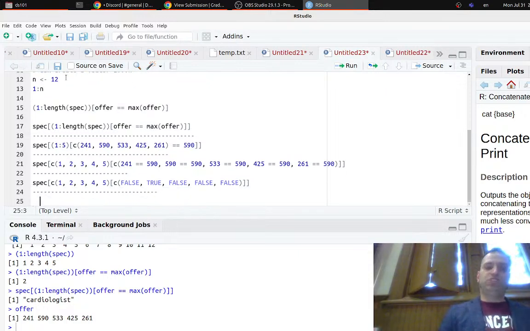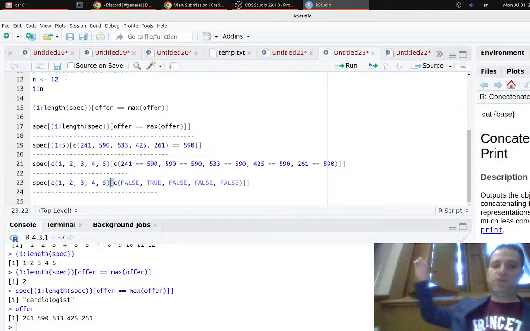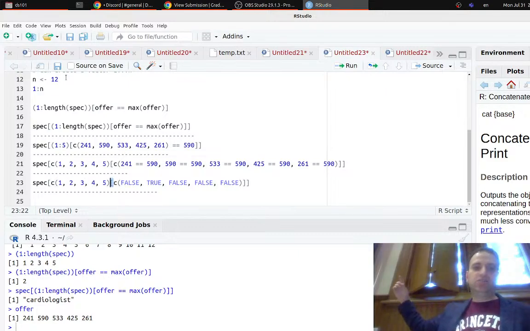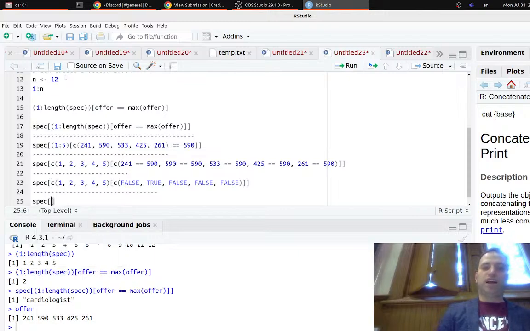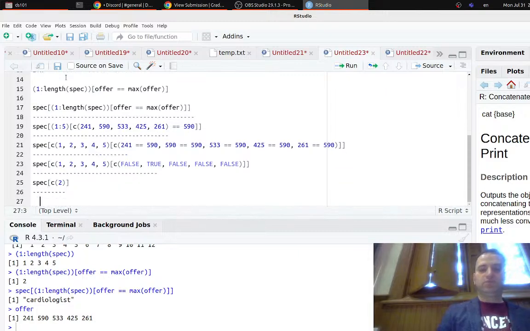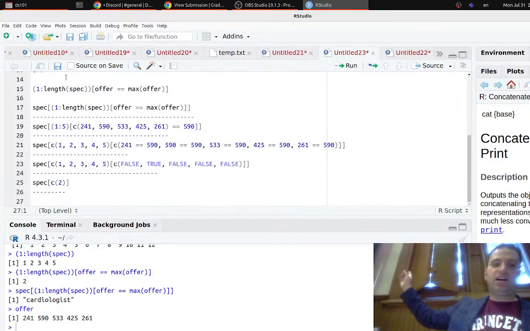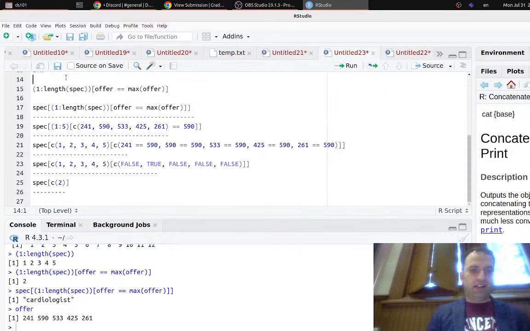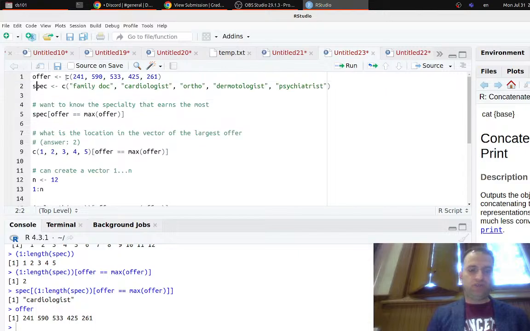And now we just know that if you have a vector and you're indexing it using the square bracket with falses and trues, you pick out the ones that are true. So that means that here you're left with just 2. And this means that you're picking, so spec actually the whole time should have been substituted.